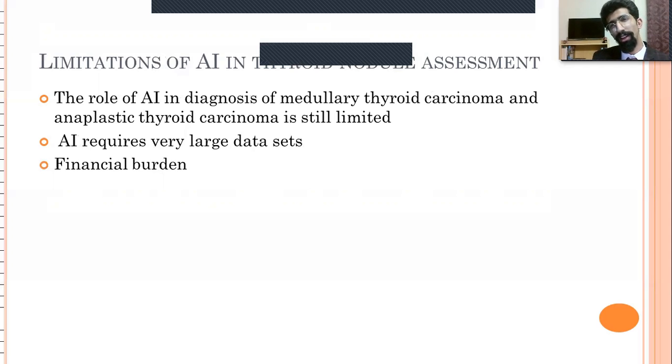So it requires a very big data set for the training of that model. And in most cases, we do not have that large of a data set. And obviously, the equipment that is used for the AI-based system is very expensive, and there is a financial burden.